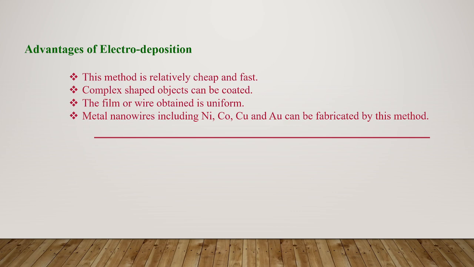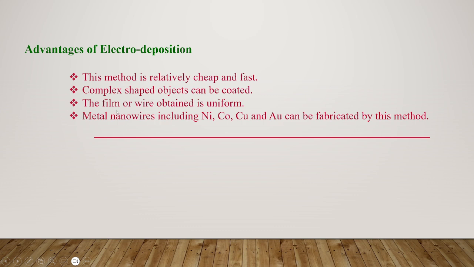Electrodeposition is a technique that involves the reduction of metal ions at the cathode, resulting in the deposition of nanomaterials. This method offers several advantages: it is a cheap and fast method, it has very precise control over the synthesis process, and even complex shaped objects can be coated.